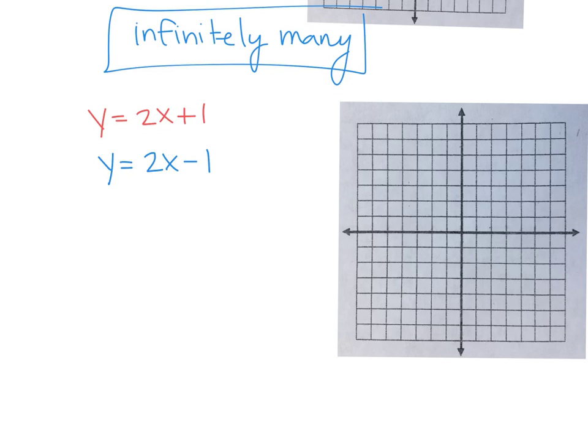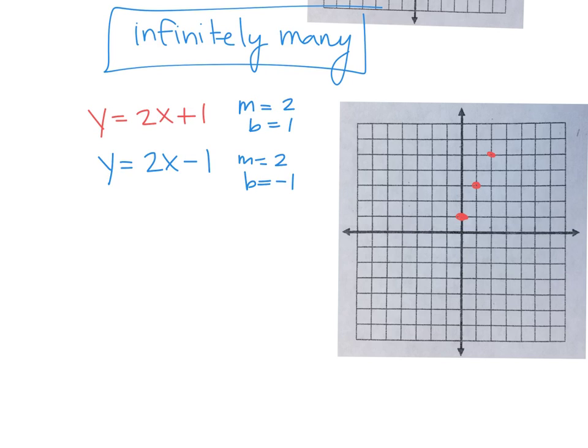So that means when we graph this, my slope is 2, my y-intercept is 1. My slope here is 2, my y-intercept is -1. So let's do our red. Up 1 for my y-intercept with a slope of 2. Up 2 over 1, up 2 over 1.